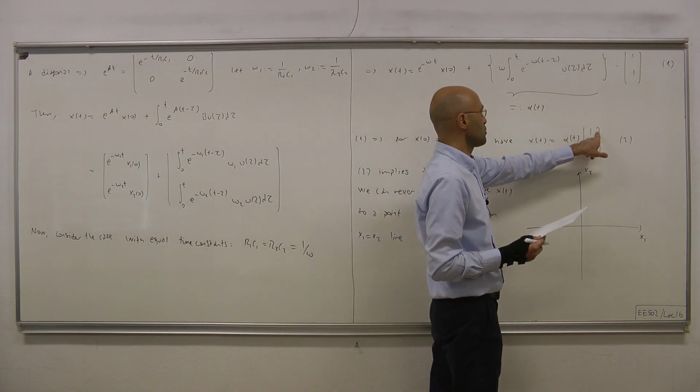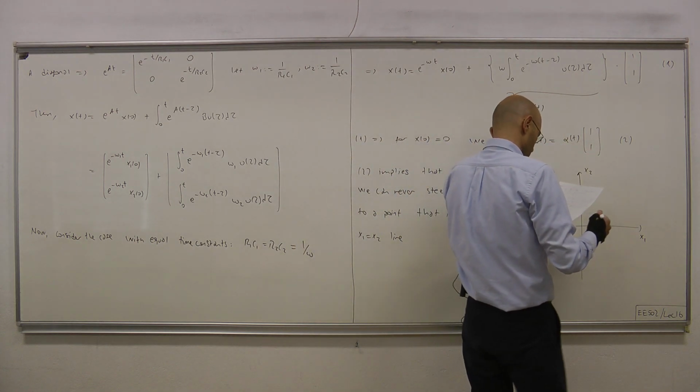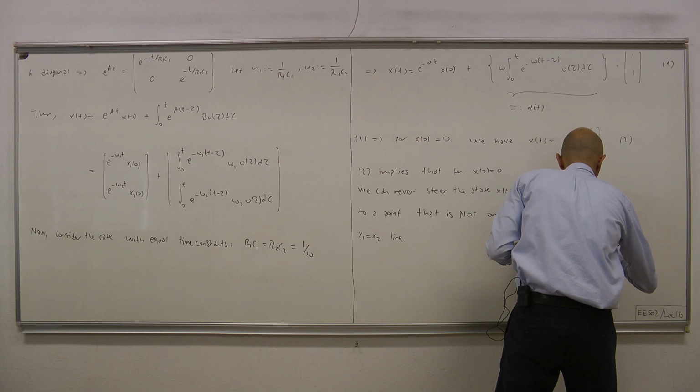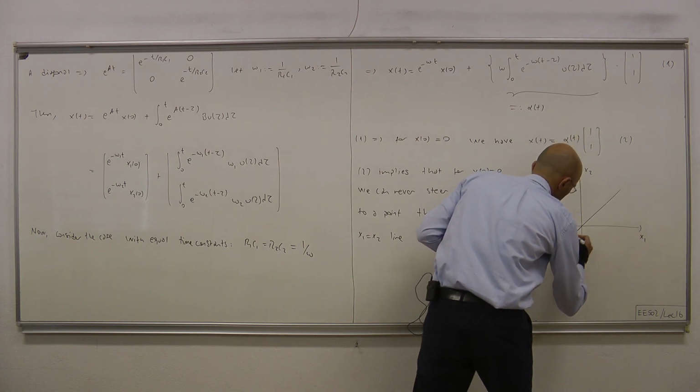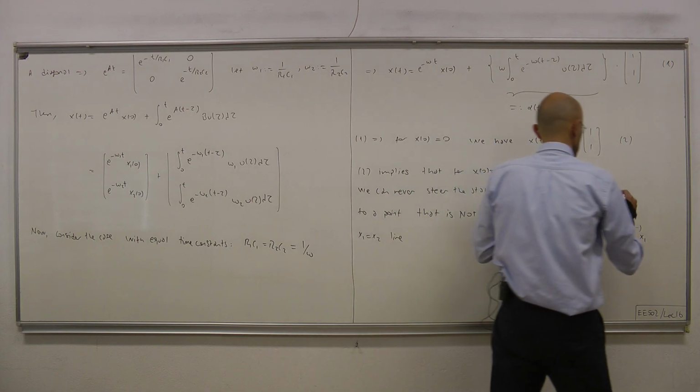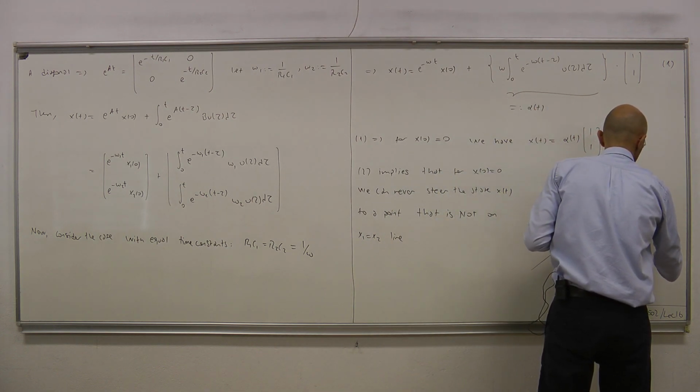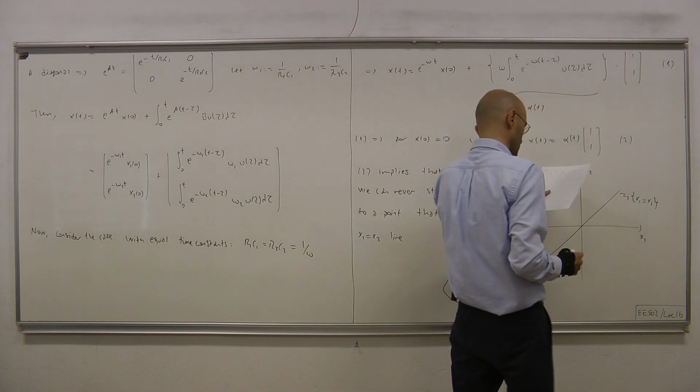And 1, 1 means x1 and x2 are equal to one another. Hence, we're talking about this line. Okay, so this is the x1 equals x2 line.